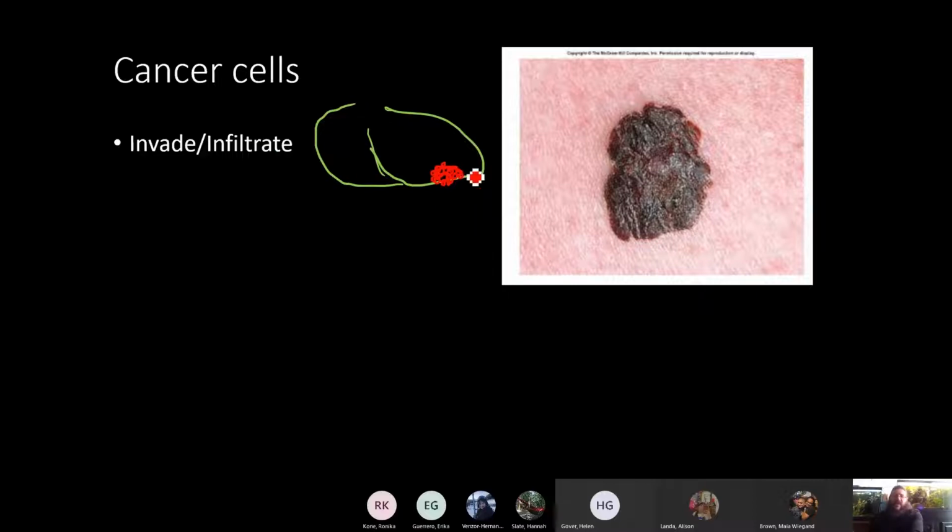So as they invade and infiltrate, they reduce organ function.